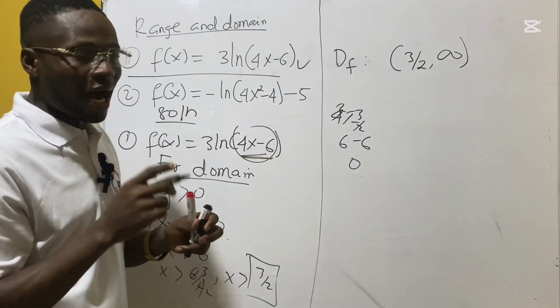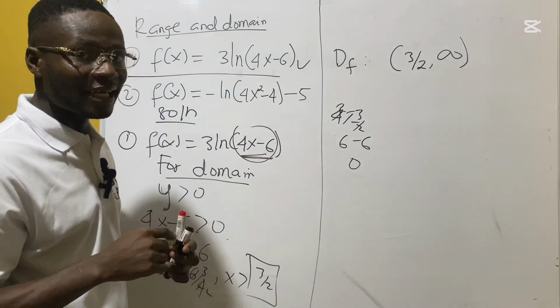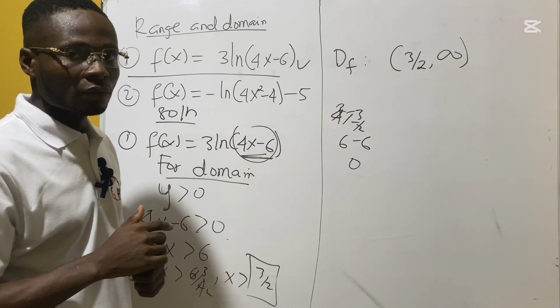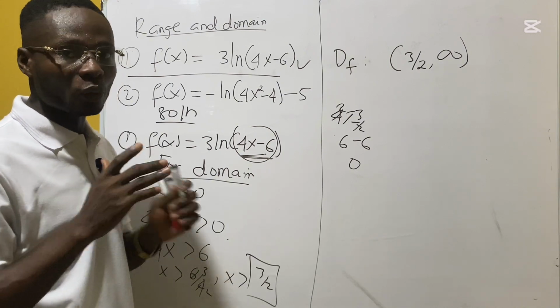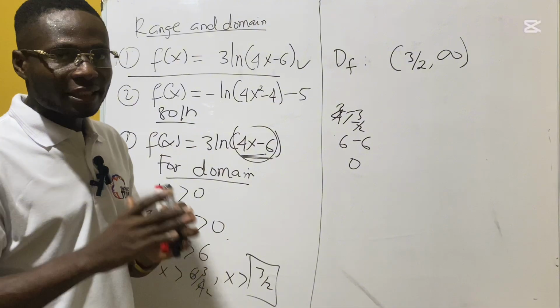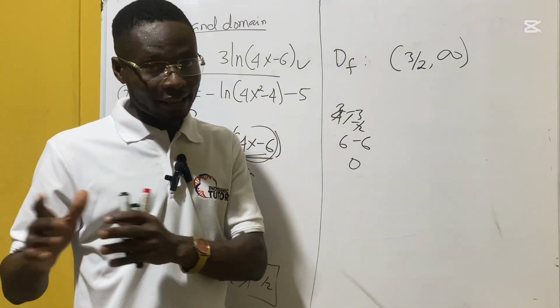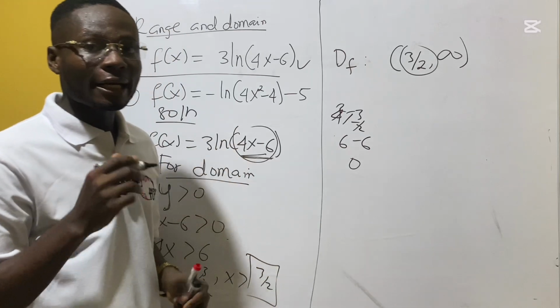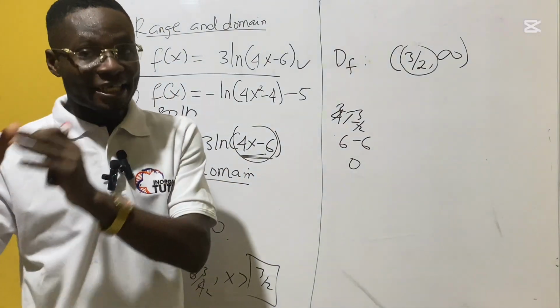And you know as well that ln doesn't take any number less than or equal to 0. So ln only takes positive numbers greater than 0. So you don't include 3 over 2 and infinity.